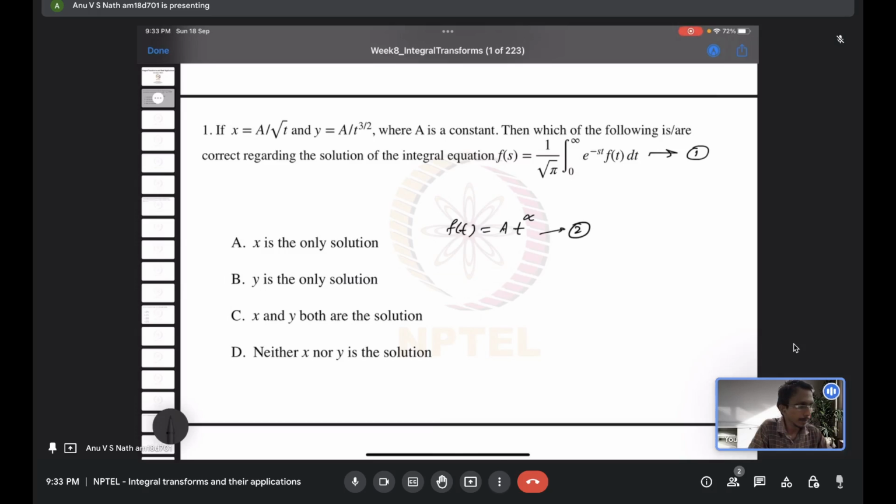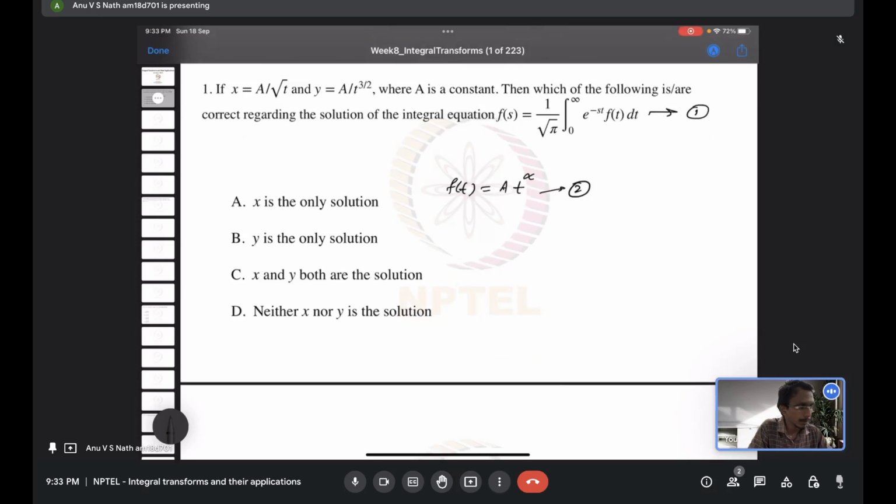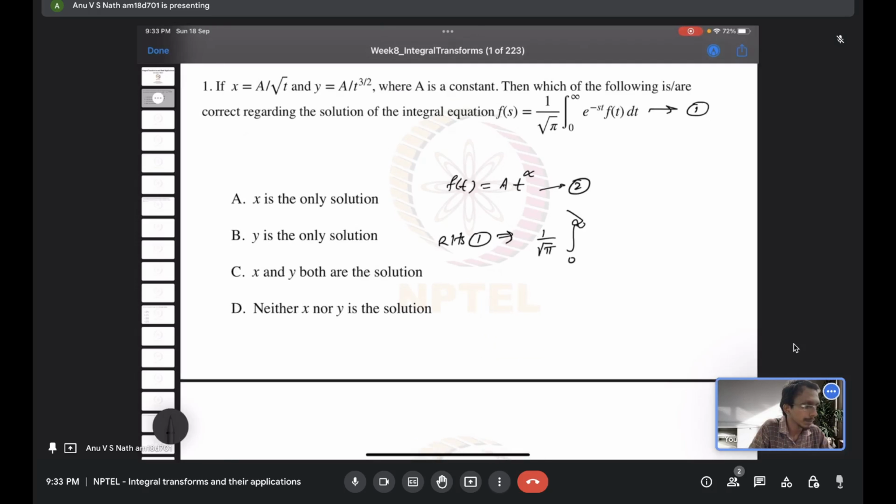Okay, so we'll start that. For the RHS of 1, we will substitute the expression 2. That is 1 by square root of pi integral 0 to infinity exponential of minus st, then the function which is a t raised to alpha dt.